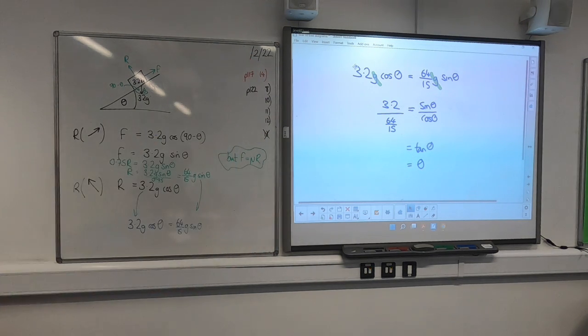So hopefully you get 0.75 for tan, and therefore the angle when you do shift tan on that is 36.9.